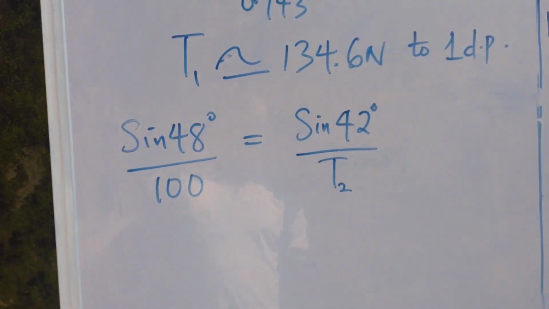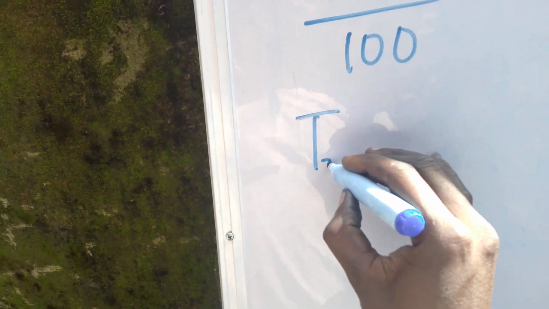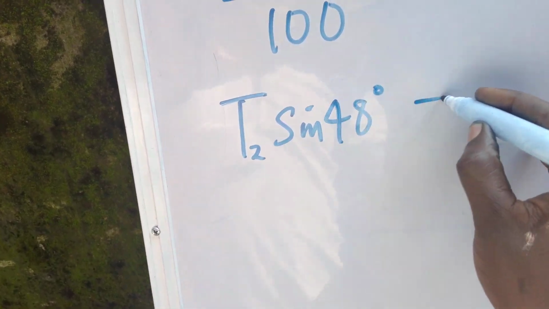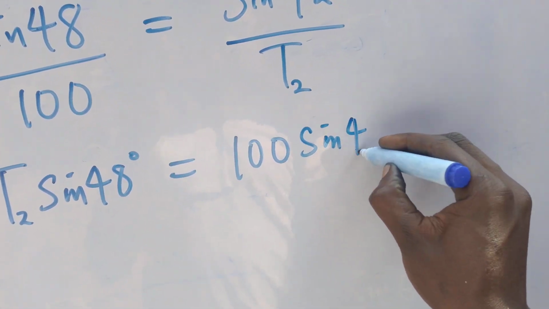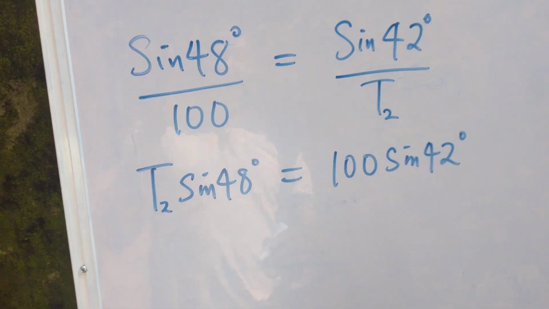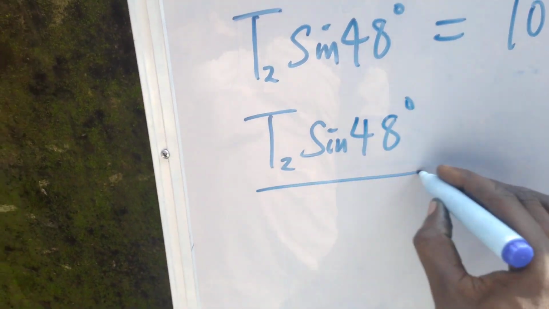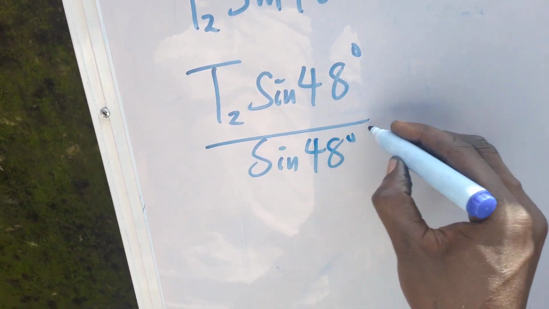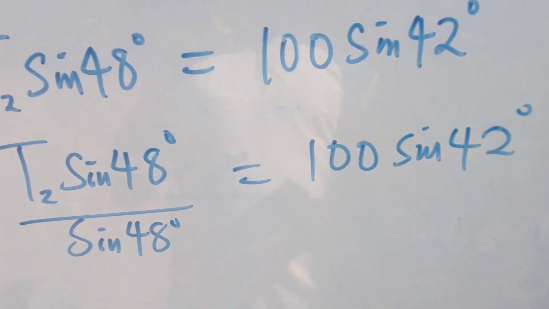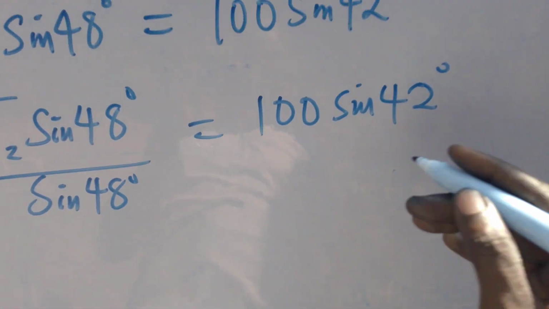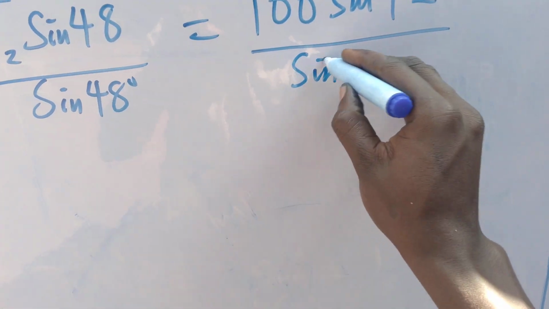Now cross multiply: this is T2 sine 48 degrees equals 100 sine 42 degrees. I divide by the coefficient of T2, which is sine 48. I have T2 sine 48 degrees divided by sine 48 equals 100 sine 42 degrees divided by sine 48.